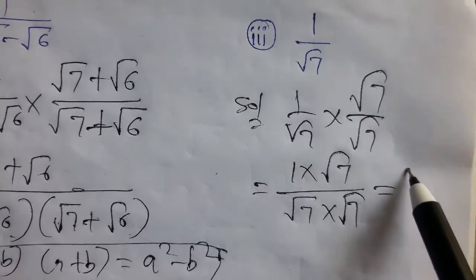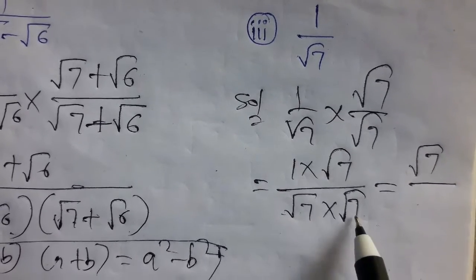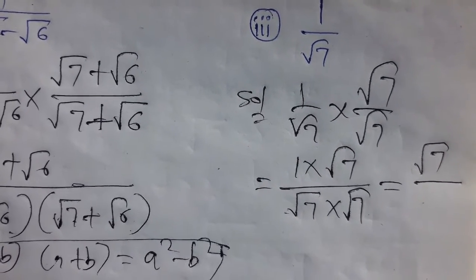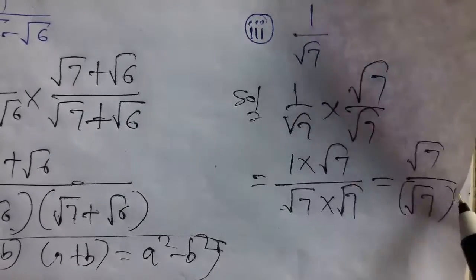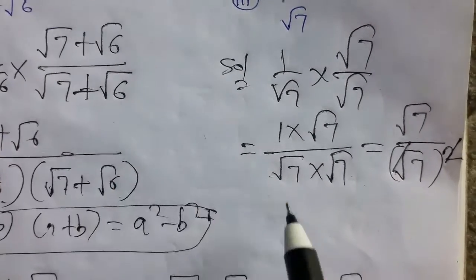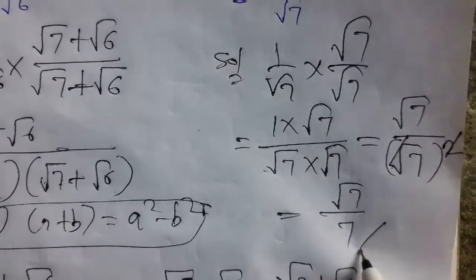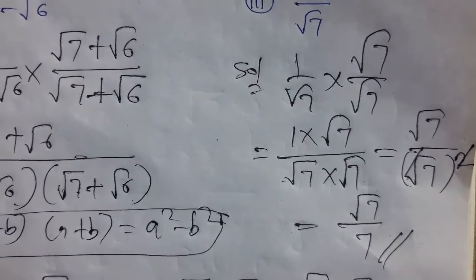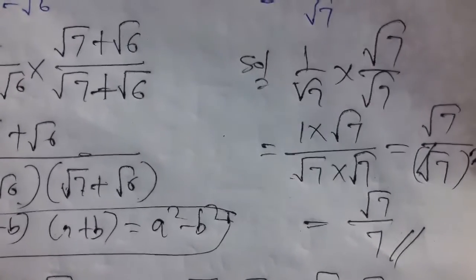This becomes 1 into root 7 is root 7, and root 7 into root 7 can be written as root 7 whole square. Here root square cancel. That becomes root 7 by 7 is the answer of the given question. Now move to next question.